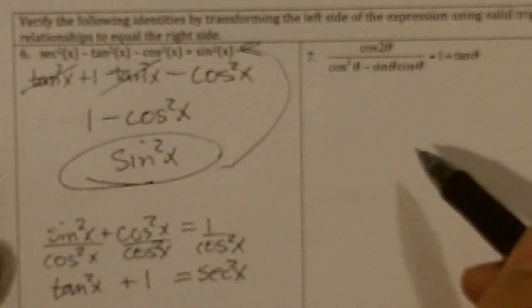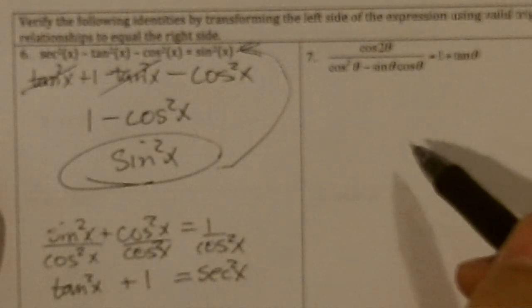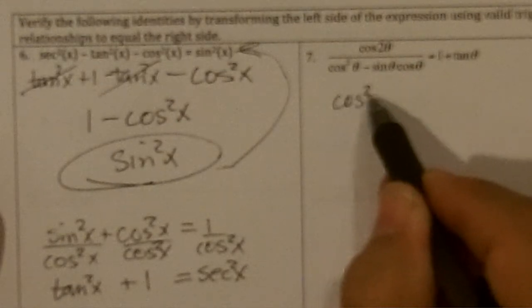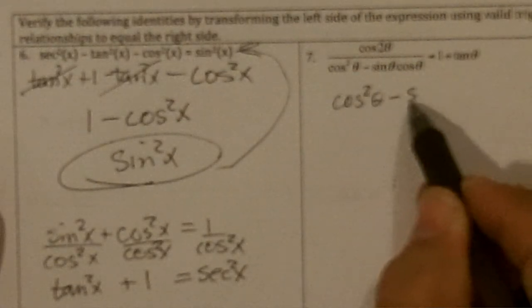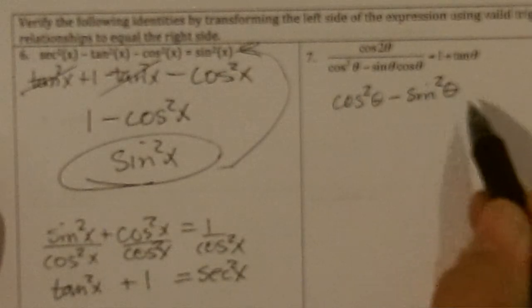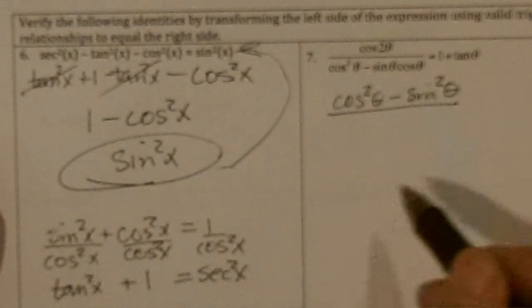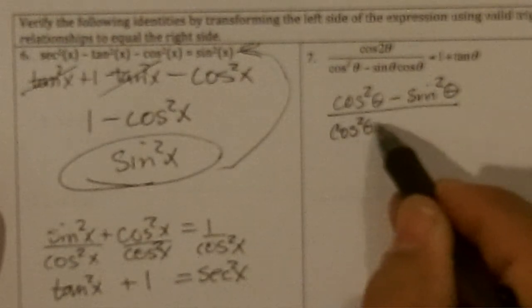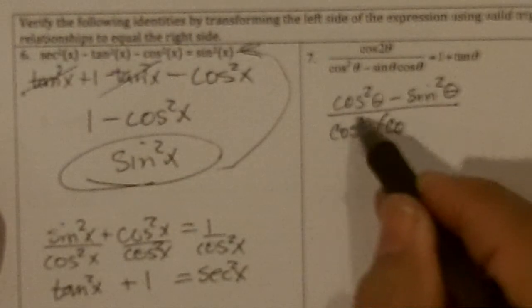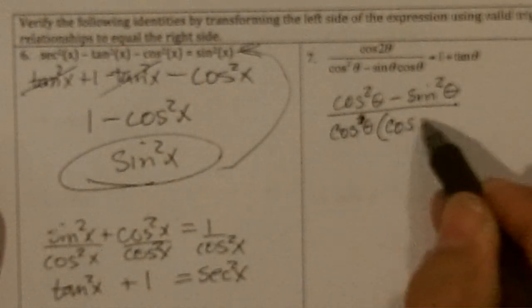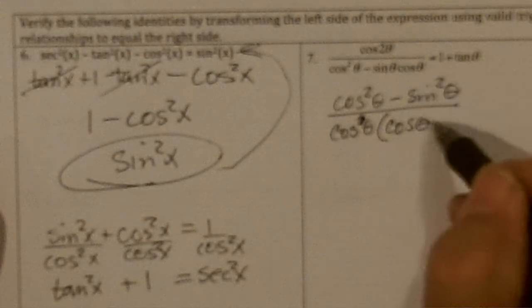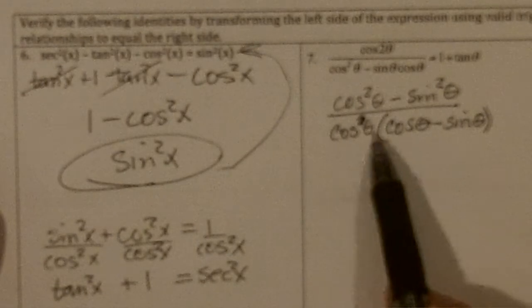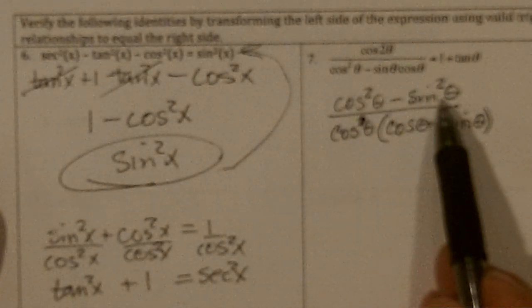Cosine of 2 theta. Well, cosine of 2 theta, as you saw today, is several things. One of them is cosine squared theta minus sine squared theta. And if we factor out a cosine out of the denominator, we get cosine squared theta times cosine theta minus sine theta. And looking at this, this looks like one of the factors of the numerator.